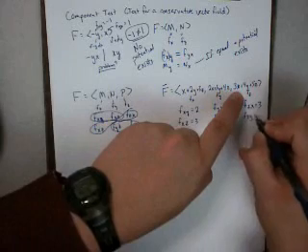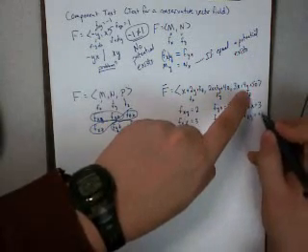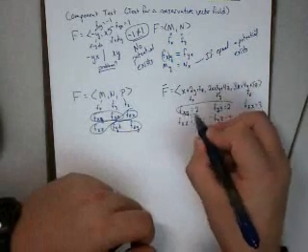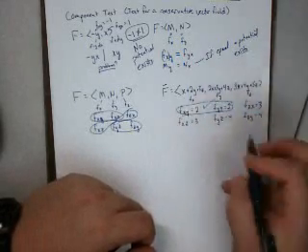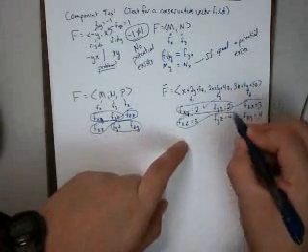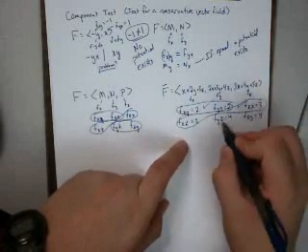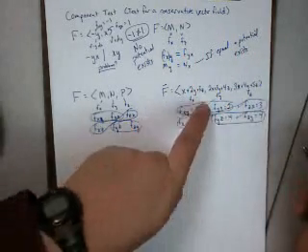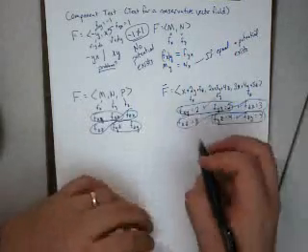And f_zy gives me 4. Now, f_xy and f_yx ought to be the same. Are they? Yep. F_xz and f_zx ought to be the same. Are they? Yep. F_yz and f_zy ought to be the same. Are they? Yep. Because all 3 of those are equal, there is a potential.